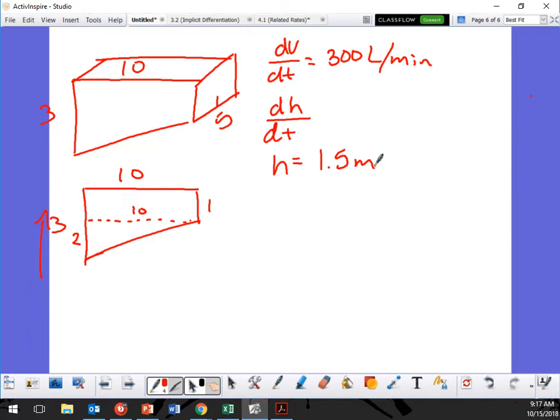So now I have everything I need set up here. But first, how would I find the volume of that shape? We'd say the volume is equal to, now remember, we're only dealing with the bottom piece. What is the shape of the bottom piece here? Triangle, okay?